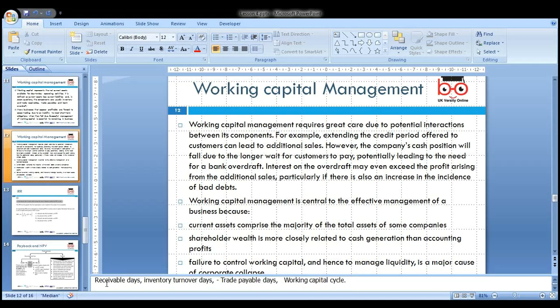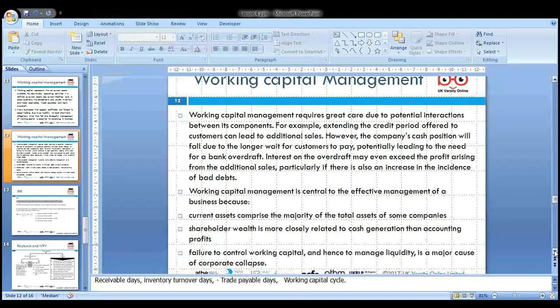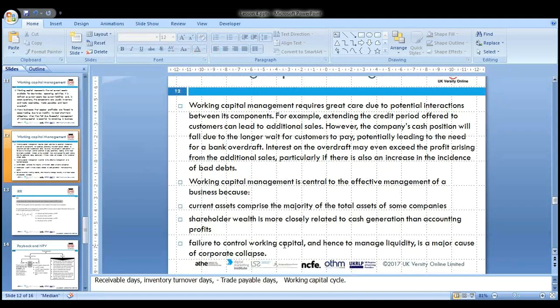Working capital management is central to the management of the business. Current assets comprise the majority of the total assets in some companies, and shareholder wealth is more closely related to cash-generating profit. Failure to control working capital and liquidity has been a major cause of corporate collapse.